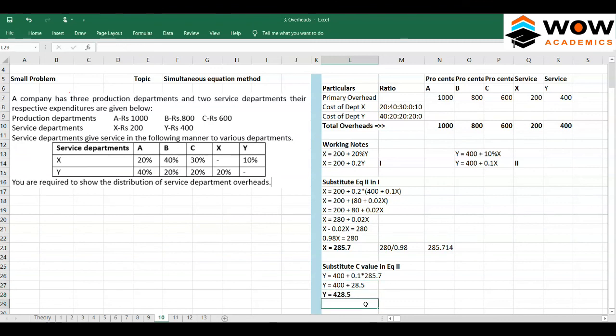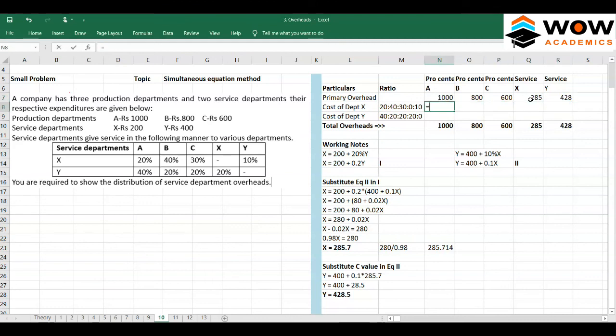So both these numbers you could now substitute here because they are reciprocal. So it is 285 and 428. You can get those numbers and allocate in this ratio.